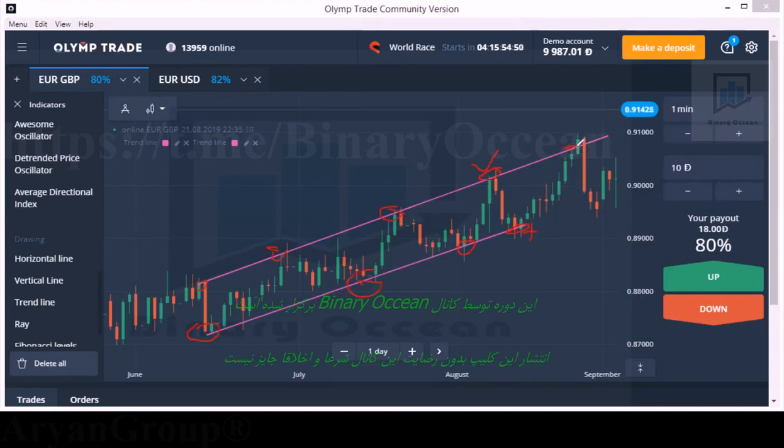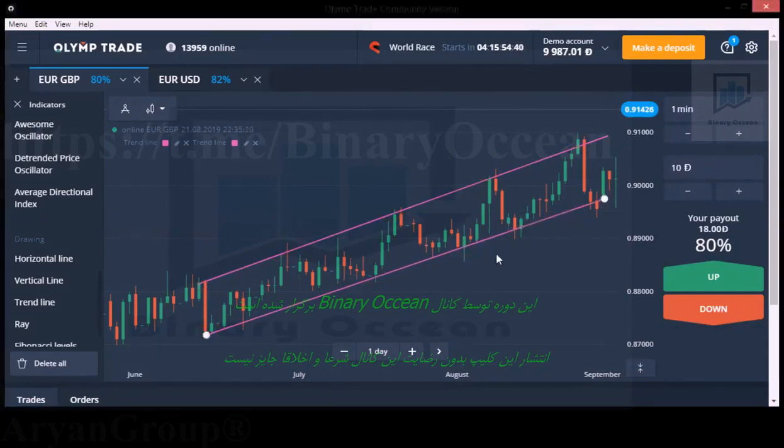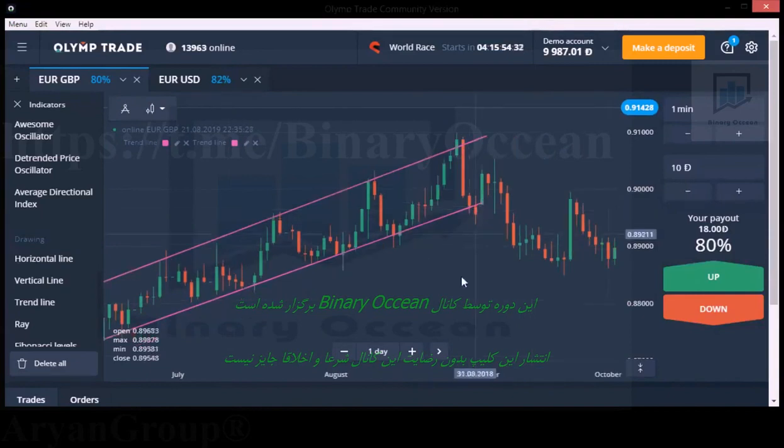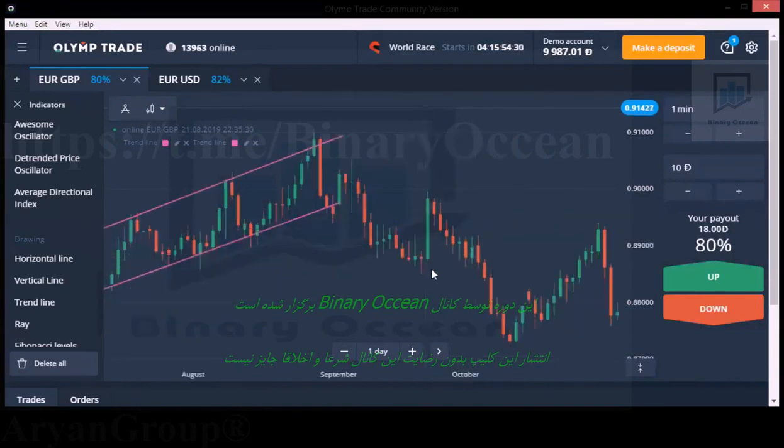We are seeing a breakout candlestick, so we can't enter into the market. If you see any breakout candlestick, it's better to wait for the market. Okay, here we have an opportunity, but here we may get loss. So small losses, it's not a big issue. You don't need to worry about this type of small losses.